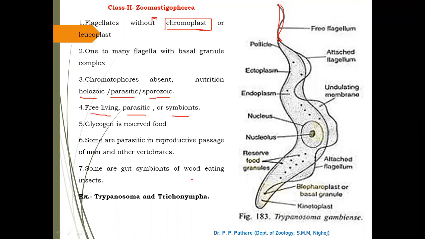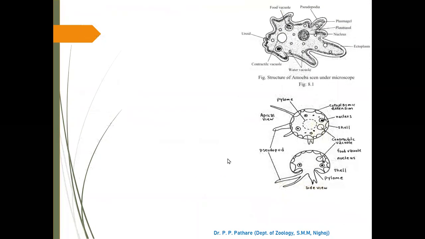Example, Trypanosoma and Trichonympha. These are good examples. Trypanosoma is one of the best examples of Zoomastigophorans. I hope you understand what the features of Zoomastigophorans are.